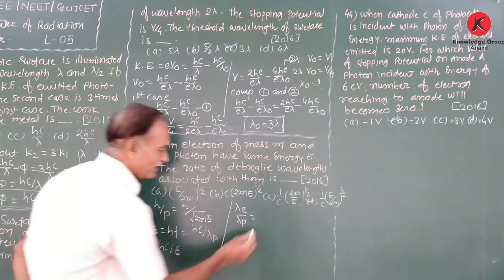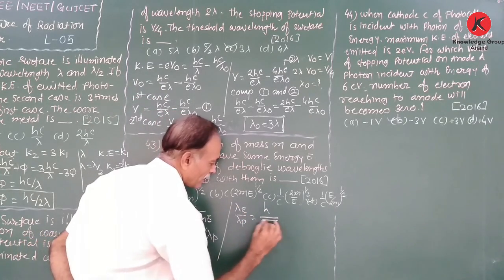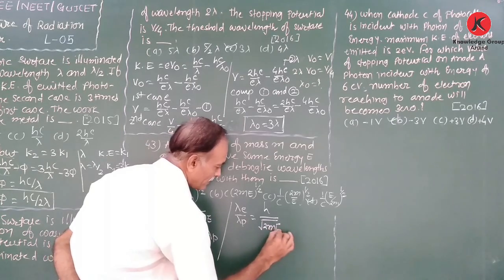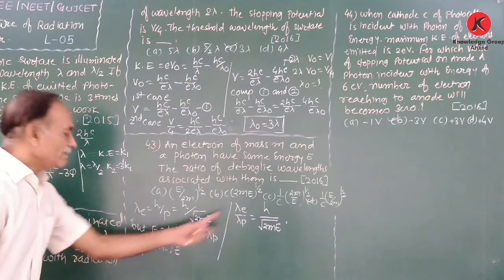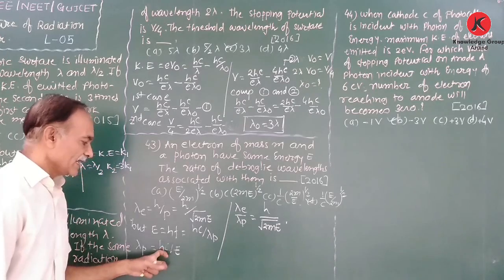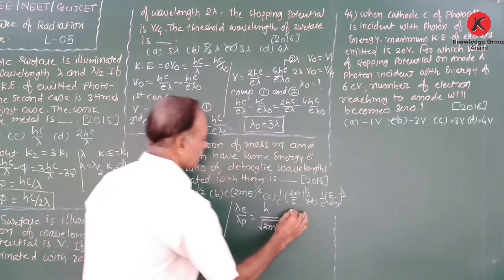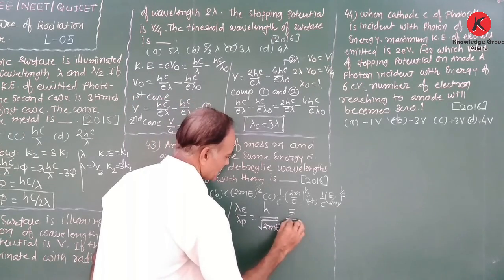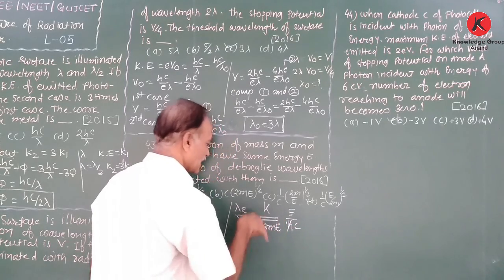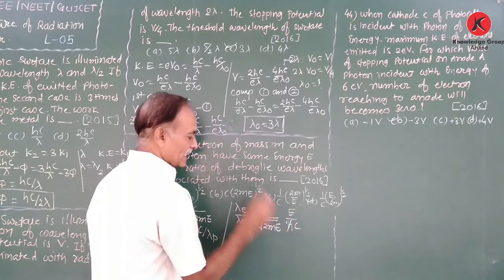Lambda E already we obtained h upon under root of 2mE. Now, divided by the value of lambda p, hc upon E, that means the E upon hc. Reciprocally multiply. h cancel. Here 1 times E cancel.